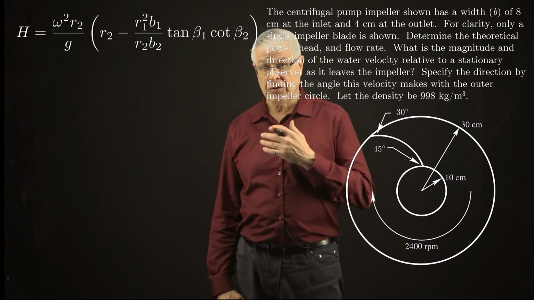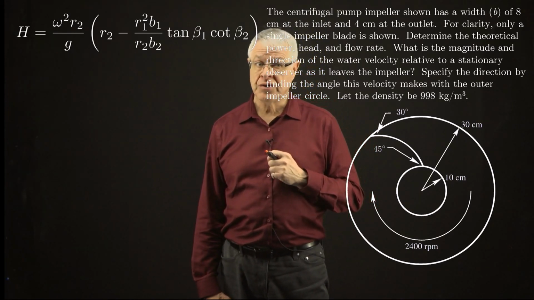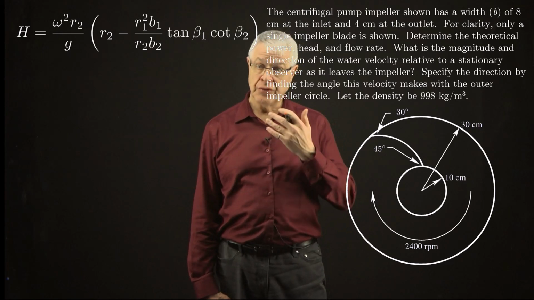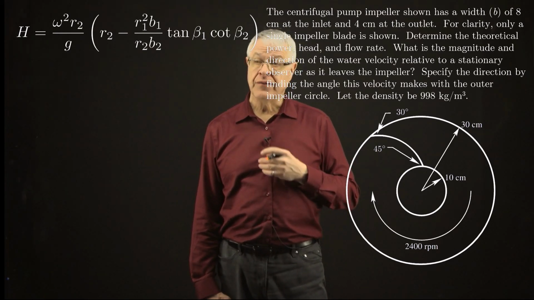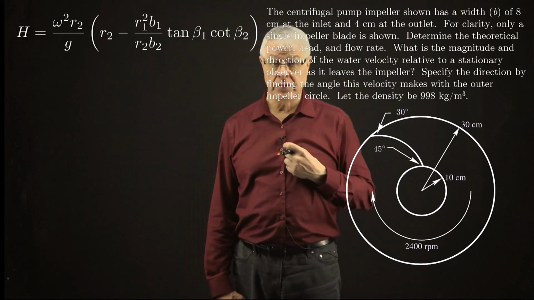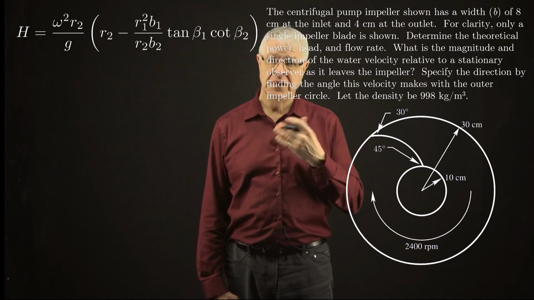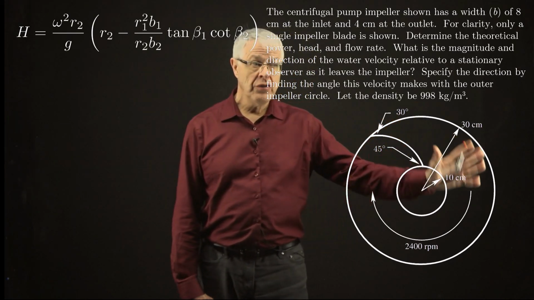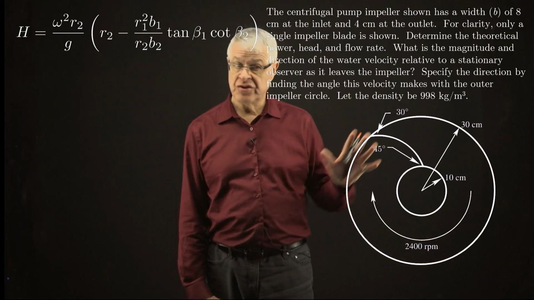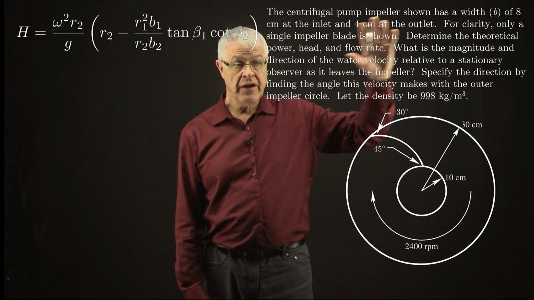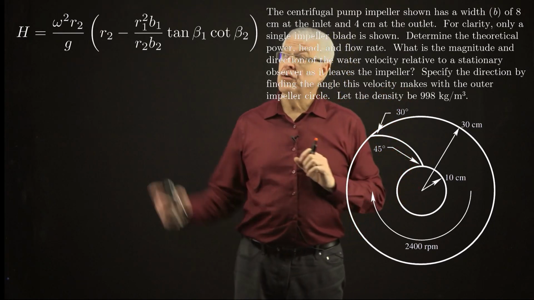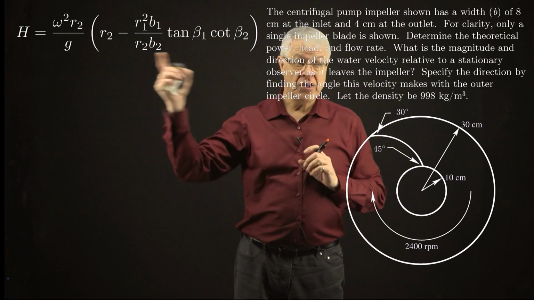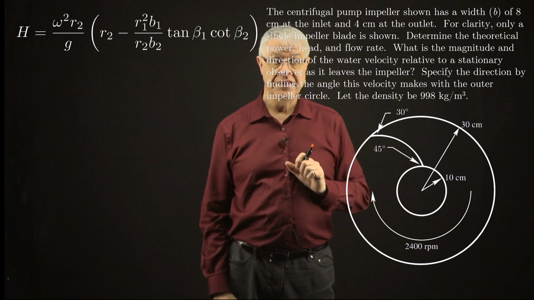So we have the inner and outer radii, R1, R2. We have the inner and outer depths of the impeller, B1 and B2. And we have the two angles that the impeller blade makes, beta 1 and beta 2. And all of those geometrical pieces of information are available either on the diagram or in the problem statement. So really, it's just a matter of plugging them into this equation to get the head that is developed by this pump.